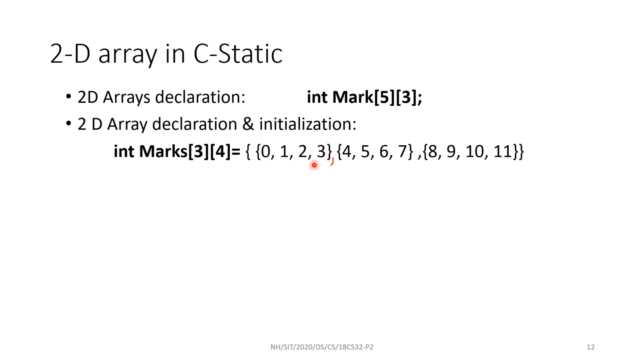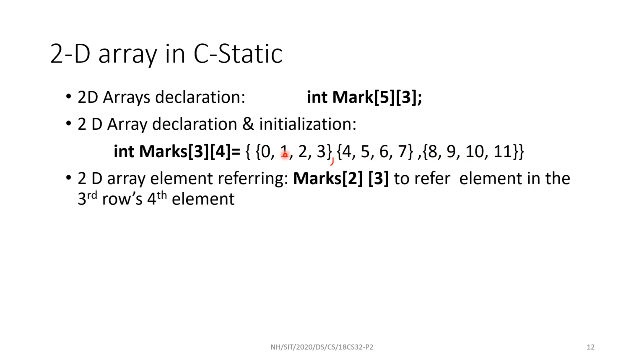For the first row, all the elements have to be enclosed within a curly bracket, a comma, next curly bracket for the next row, last curly bracket for the last row. If at all some elements are undefined, those are assumed as 0. Any element of a two-dimensional array is referred to with the index.